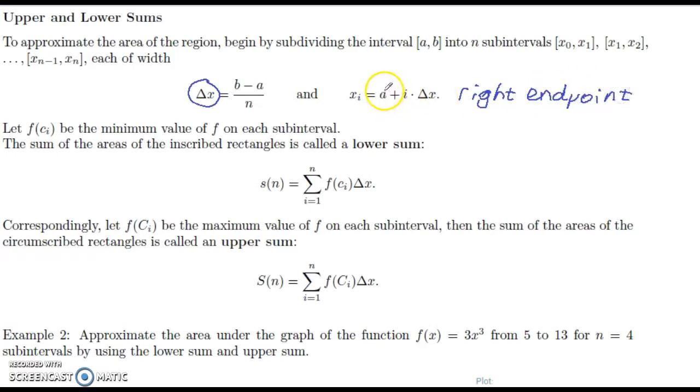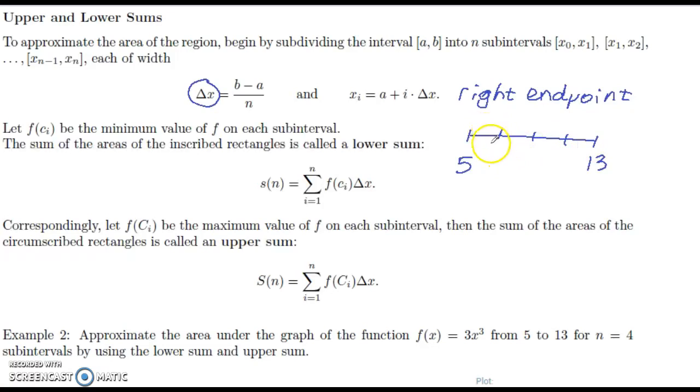It is the beginning of the interval, a, plus i times delta x. So how many steps away from a? If it's the first interval, it's just 1 times delta x. In our example earlier, we have 5 to 13, and we want to subdivide into 4 intervals: 1, 2, 3, 4.